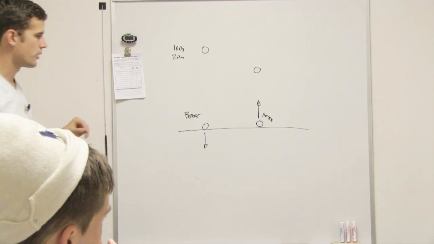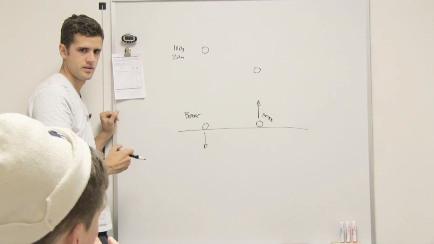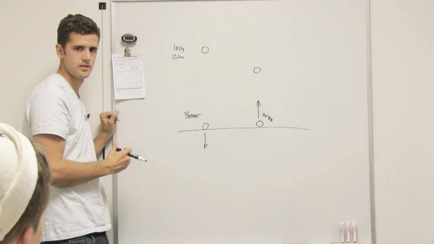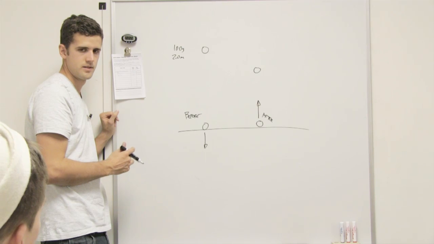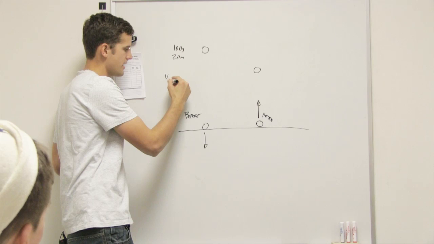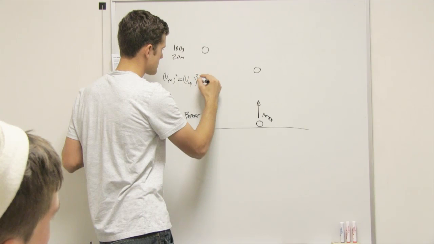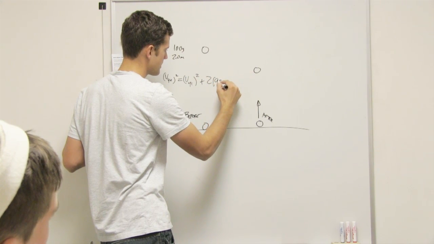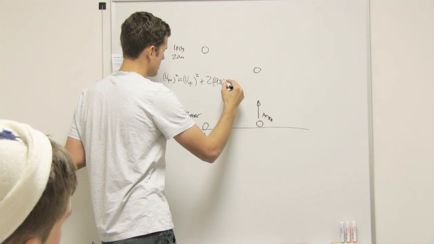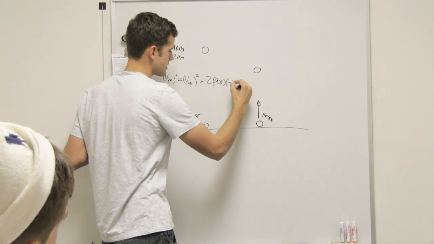So what would the velocity be right before it hits the ground? It's a kinematics problem. So we could say velocity in y final squared equals velocity in y initial squared plus 2 times negative 9.8, because that's acceleration, times delta y, which is negative 2.